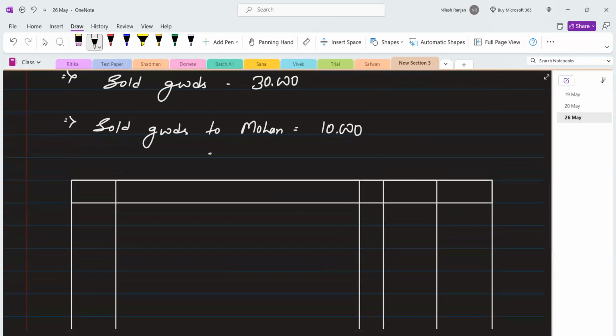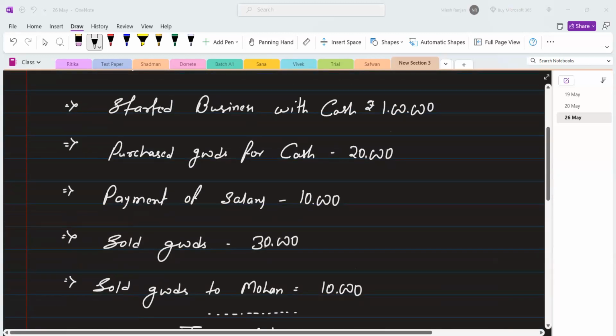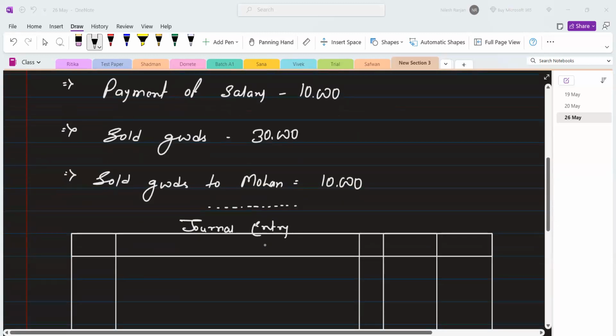First of all, you will write the name of the company if it is given in the question. Okay, and then you'll write journal entry. Or there is another method that you can use. You can write journal entry in the books and then name of the company. Now, we have created the format.